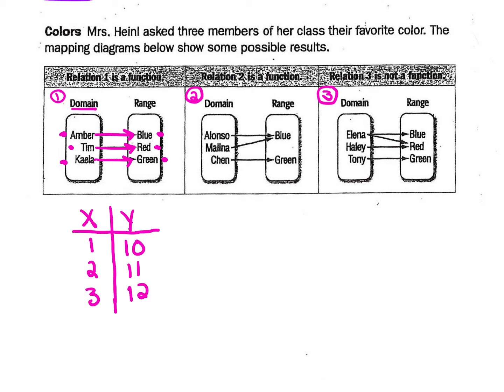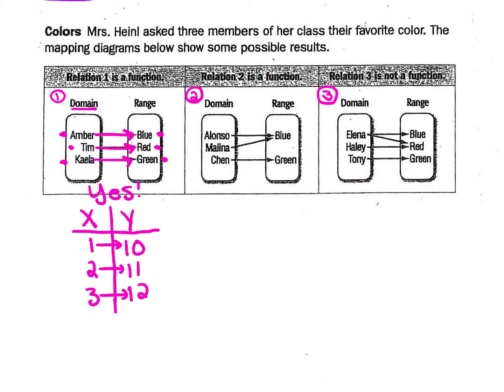Each x only has one favorite. 1's favorite is 10, 2's favorite is 11, and 3's favorite is 12. In this case, you would say, yes, it is a function. Let's look at situation number 2.